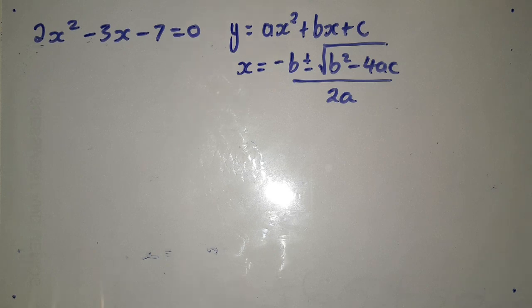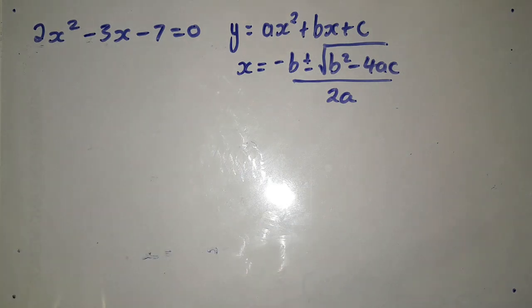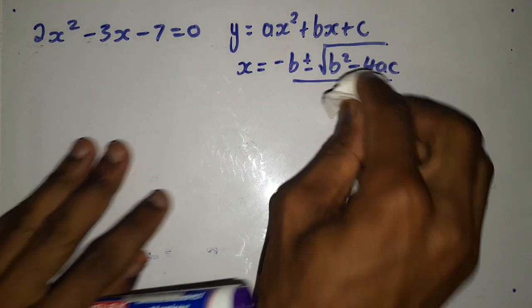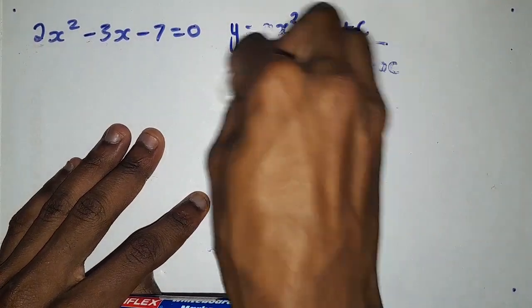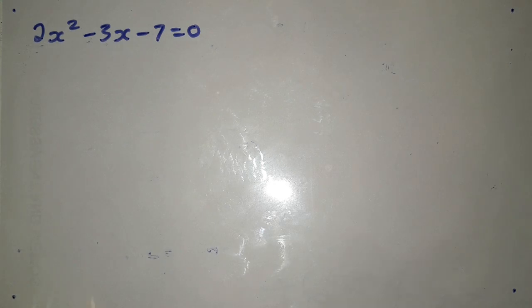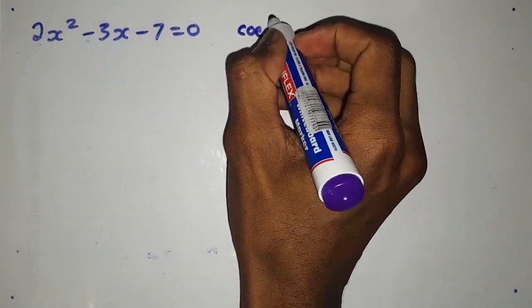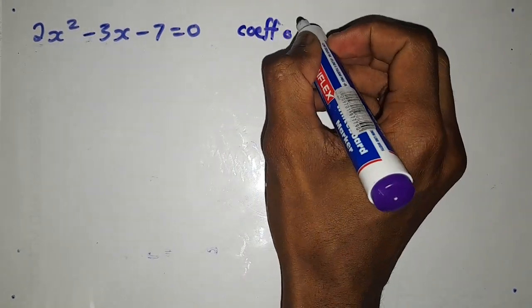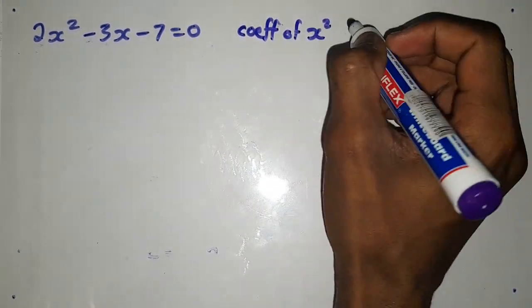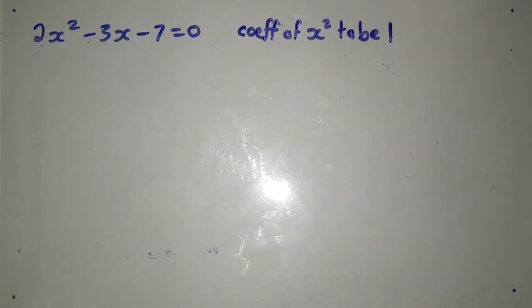Firstly, in order for us to complete the square for the given, we must make sure that the coefficient of x squared is 1.